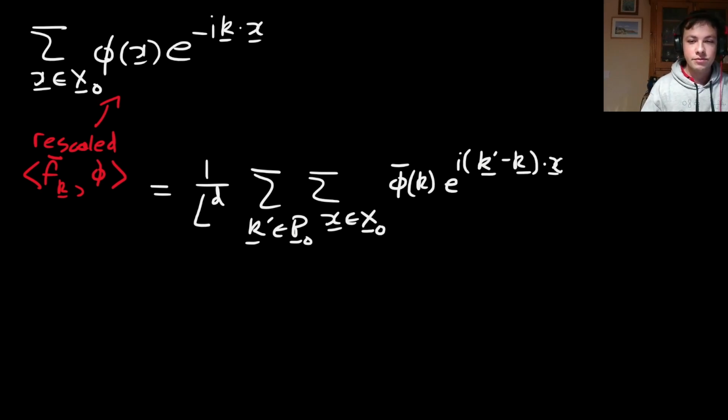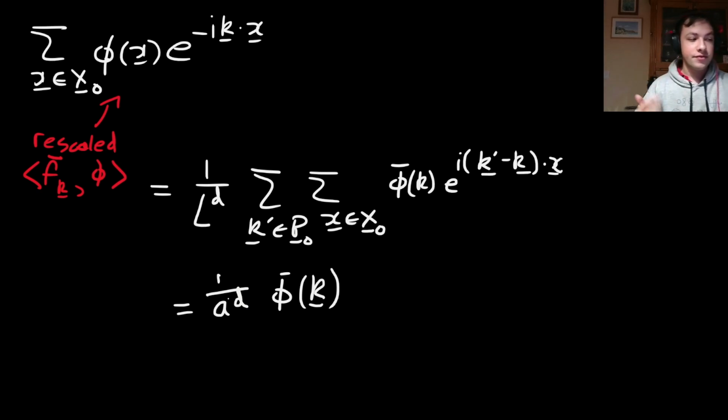But we know that this sum is going to introduce this delta with a factor of N^d in it. And so we get that this is going to end up being 1 over a^d times phi bar at k, right? Because we get this delta function.